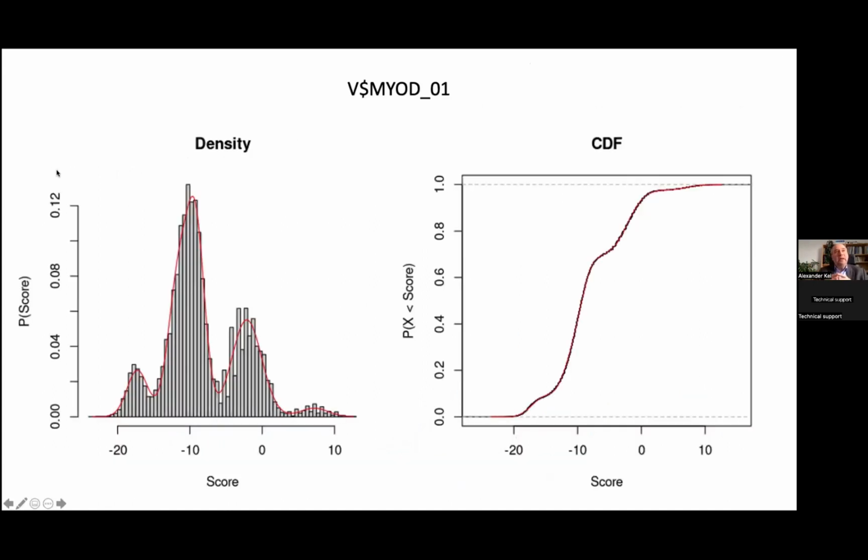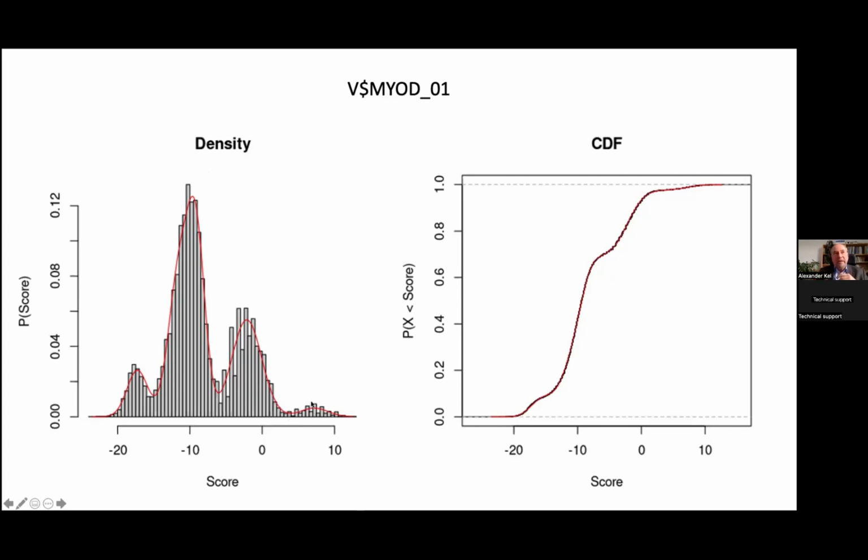And that's one example on one matrix, which is MyoD. Here is this affinity score, which can be positive or negative, because it's average affinity basically over the whole promoter, and it has this multi-modal distribution, which is very interesting.